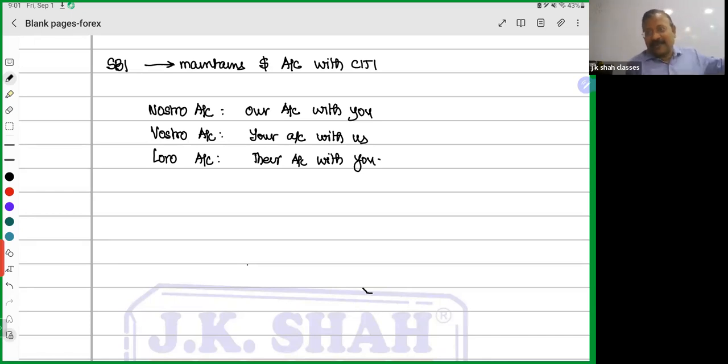Third party referral, their account with you. So SBI, when it refers to this account, will say our account with you. Citibank, when it refers to this account, will refer to it as your account with us. Kotak, when it refers to SBI's account, how will it refer to it? Their account with you.